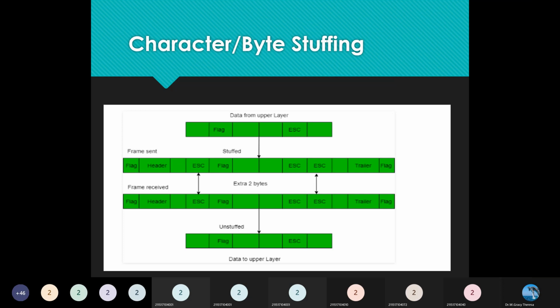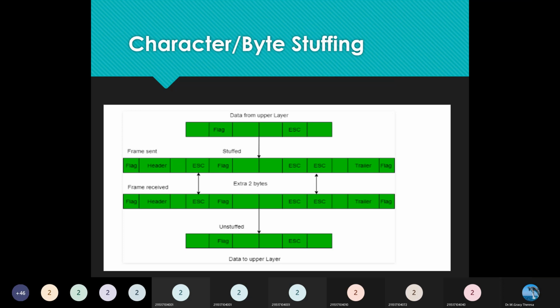So we stuff a byte in front of any message or information that is to be sent. Because we are stuffing the escape symbol, if the escape itself is information to be sent, apart from the flag, then in front of it we have to stuff another escape.